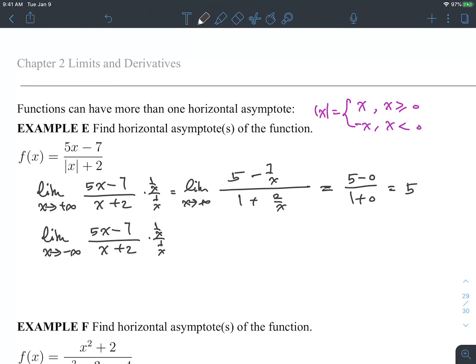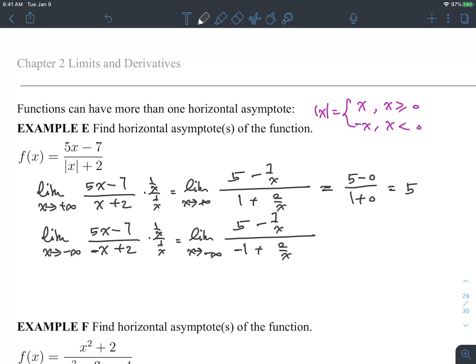Now, here's the key. We have an absolute value of x, but it's going to negative infinity, which means that x is negative. What happens when x is negative? I have to negate it as I'm taking it away, so that becomes a negative. Then when I copy paste, I'm going to put a negative sign in the front.